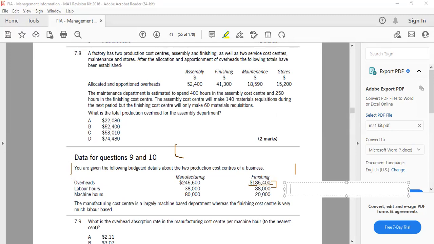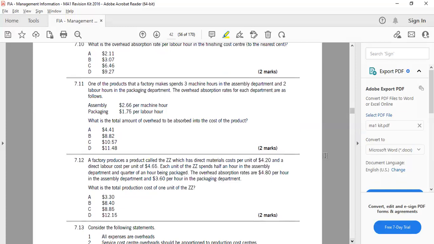A. 2.11. Okay. 2.11 is the right answer, right? Yes. Easy.